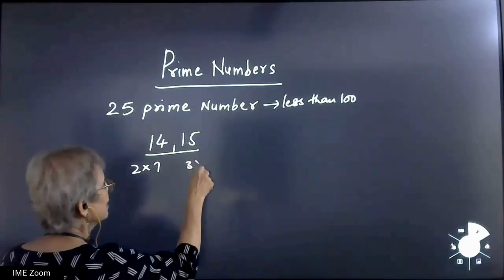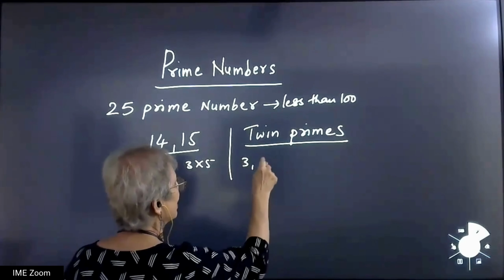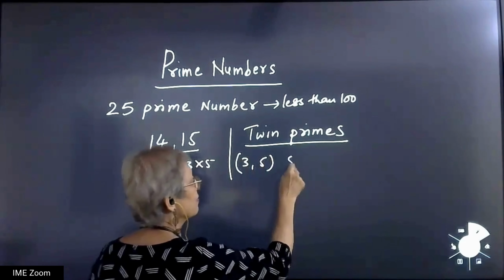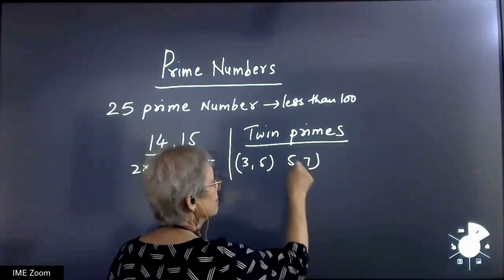There is one number 4 between them which is composite, and therefore this pair 3 and 5 is a twin prime, right? So like this, there are 8 pairs of twin prime numbers up to 100. I'll write them fast so that you will remember. First is 3 and 5. Second is 5 and 7. See, in between there is 6.